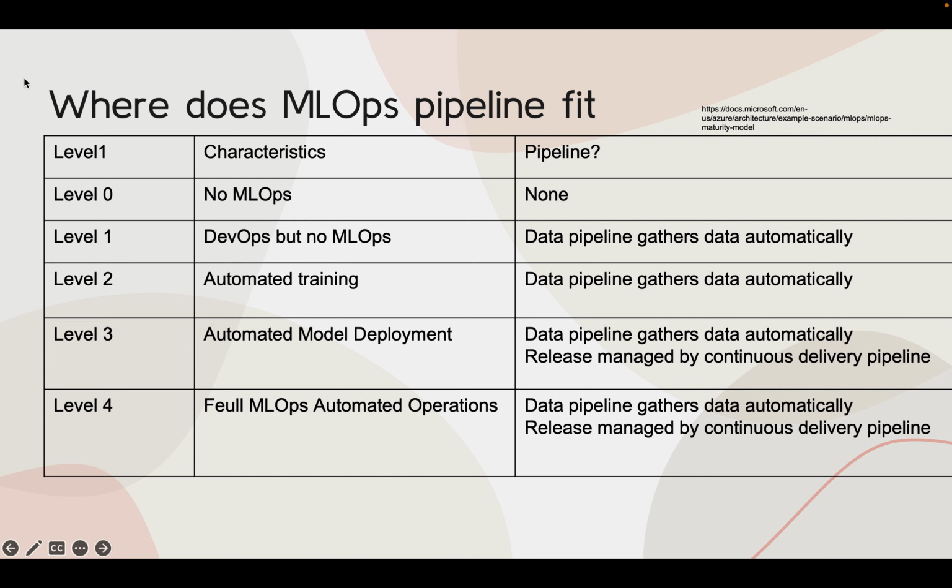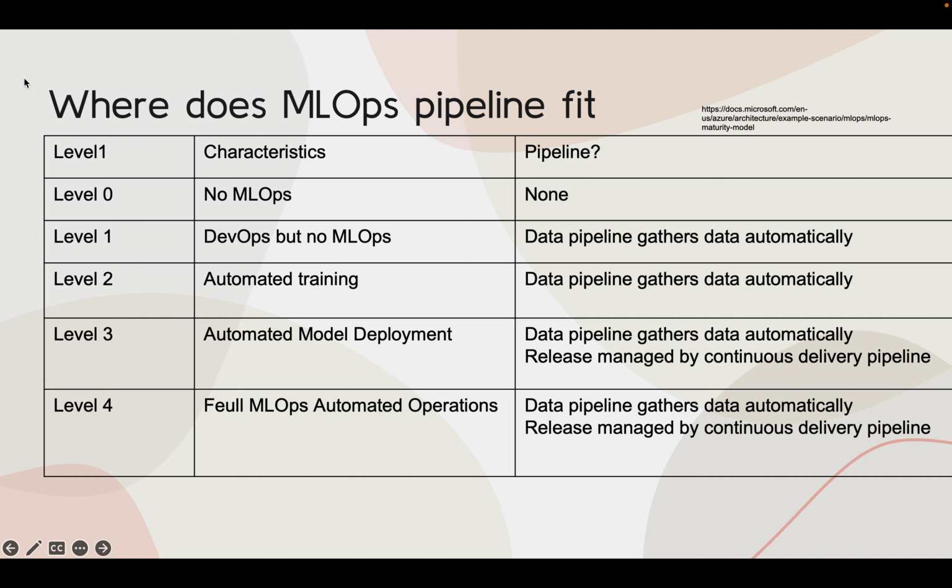So where does the MLOps pipeline fit in the MLOps maturity model? The MLOps maturity model helps to show you how to grow the MLOps capability in increments. There are basically 5 levels. At level 0, you have no MLOps.